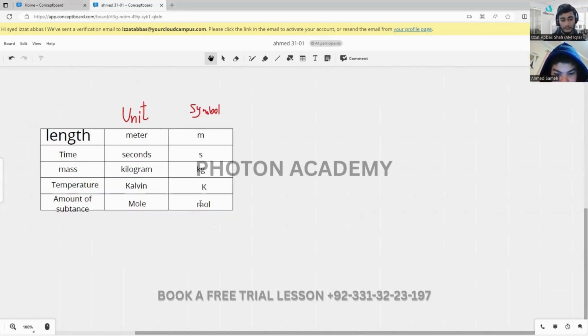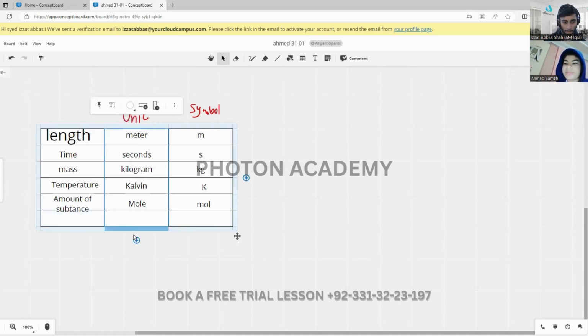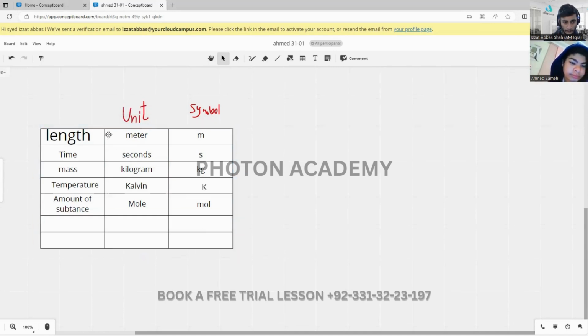So add two more, please, because total are seven, right? Total seven physical quantities are there. Take your time. There's also electricity. Yes, right, no problem. I'm drawing the table more. I don't remember the last one, but there's electricity and something. No, draw it, please.